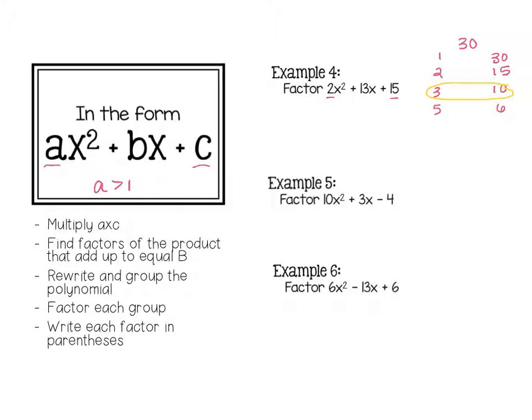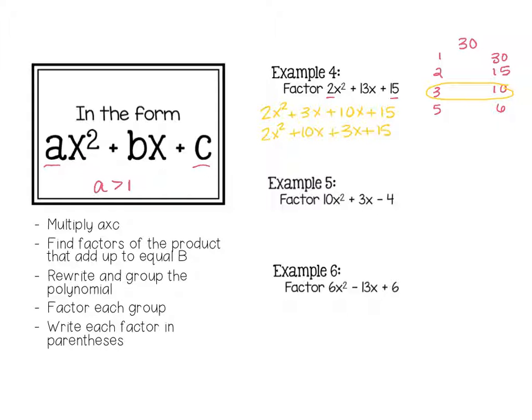So I'm going to rewrite that as 2x squared plus 3x plus 10x plus 15. And I'm actually going to rewrite that as 2x squared plus 10x plus 3x plus 15 so that I have some common factors grouped together.